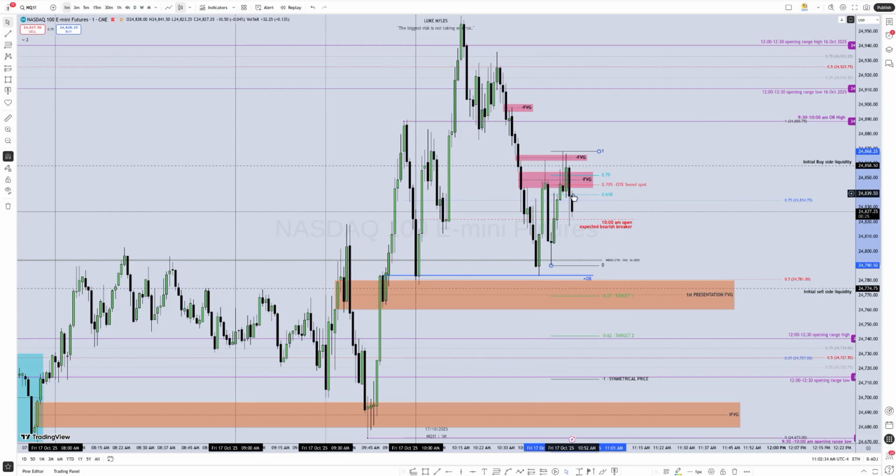So this would have been the execution for sells. Now this is the trigger for sells. We have closed back below the 0.618. Now I'm expecting a drop from that with speed. Need a closure back below 0.75 of this 9:30 to 10 a.m. opening range to trade into the 12 a.m. to 12:30 opening range.